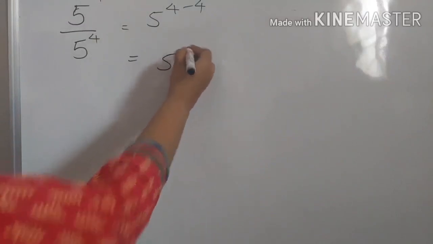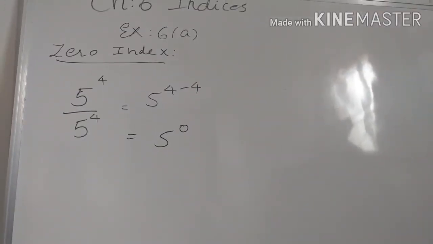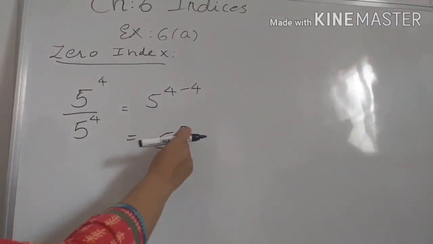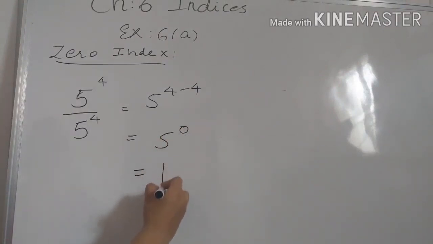So we get 5 raised to 0. Now this 5 raised to 0 means the number is not multiplied any time. So the answer is 1. So always students, you have to remember whenever there is power 0, the answer will be 1.